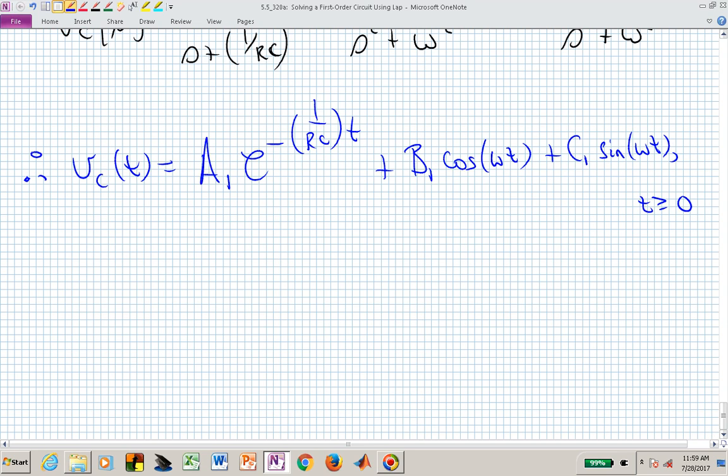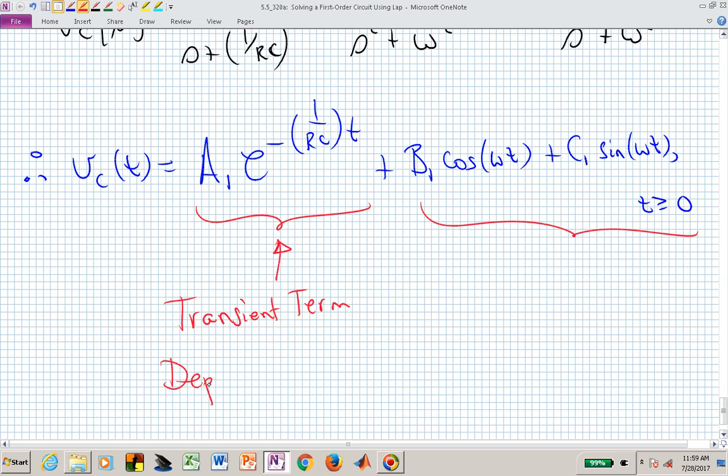I now can compartmentalize this, or break this down, into a transient term due to the circuit itself, the RC low-pass filter, and that transient depends on the time constant of that low-pass filter, RC, and I have a forced response because I was applying a cosine waveform with a frequency of omega.